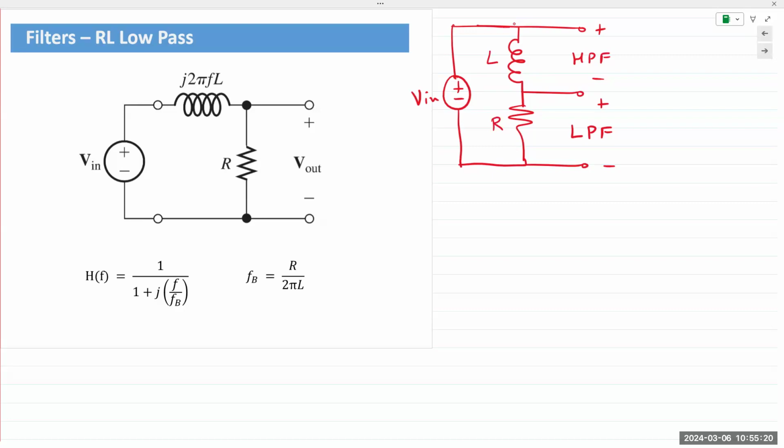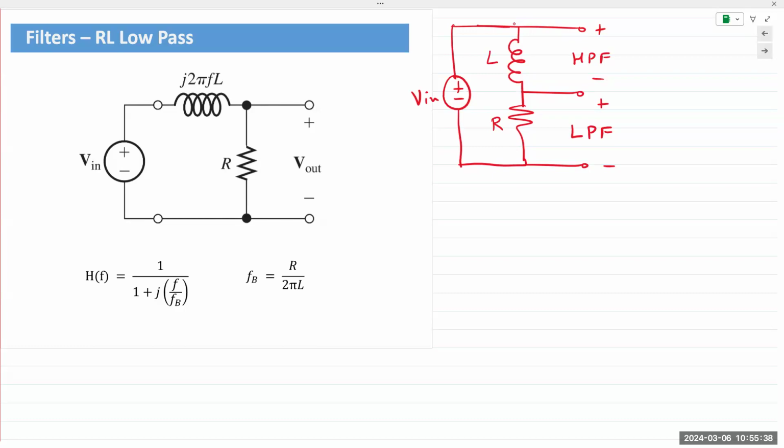Circuit analysis remains the same. It's a series circuit, so you have total current I. The total impedance is R plus ZL, or j omega L, j 2 pi F L. Output across the inductor is I times ZL.